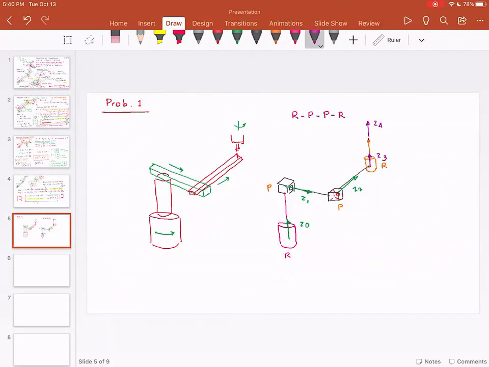And then you can solve the forward kinematics. Please note that you don't really have to use the exact same variables that are shown in the figure.